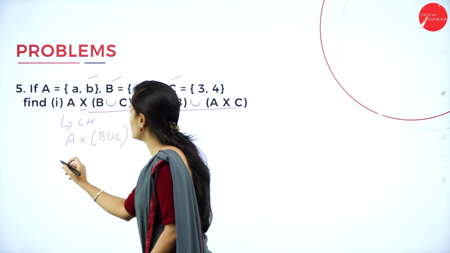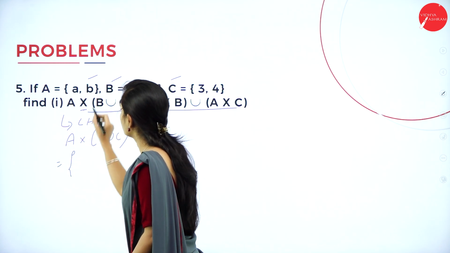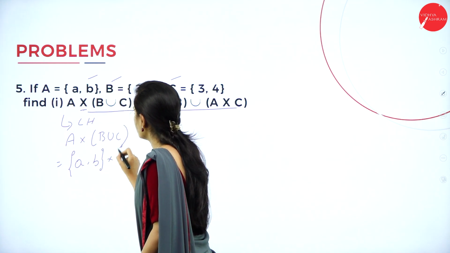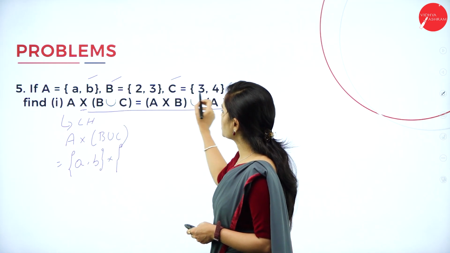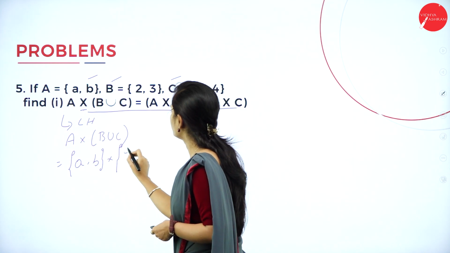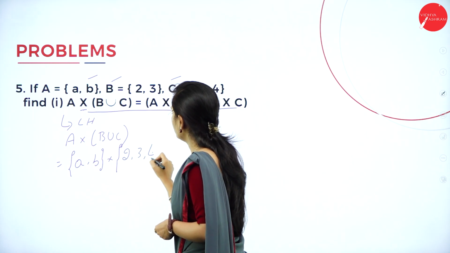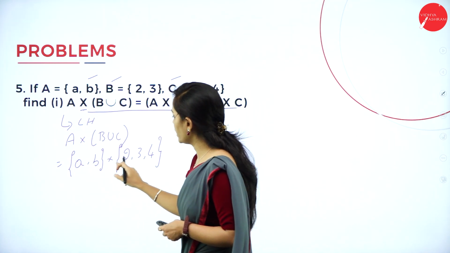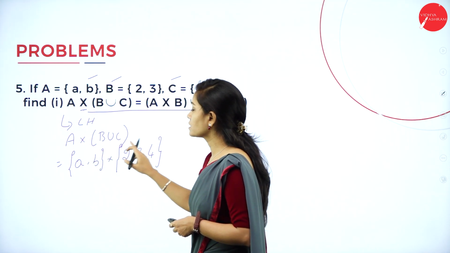First write the set A elements, a, b, cross B union C. So what is B union C? 2, 3 and 4. This is B union C.